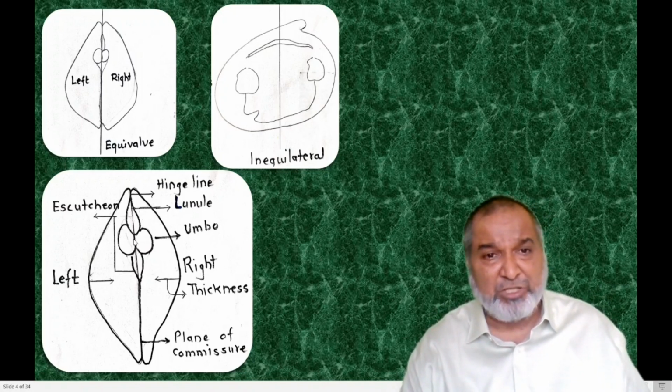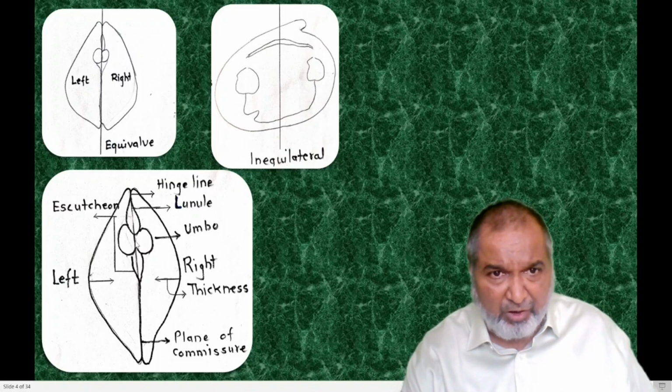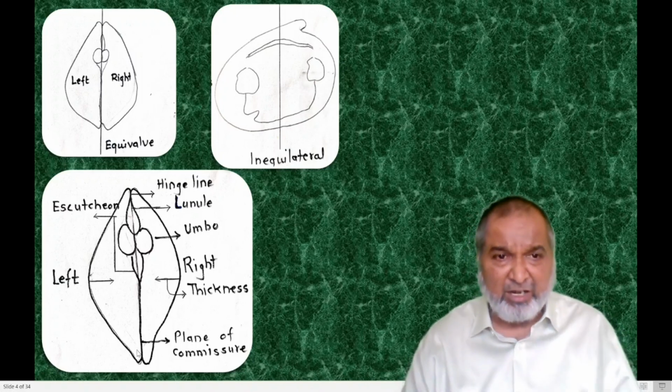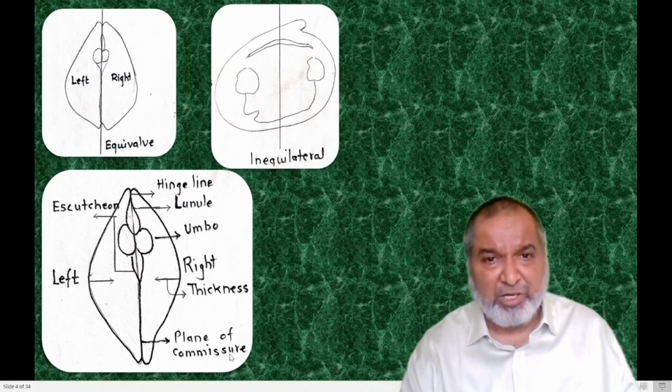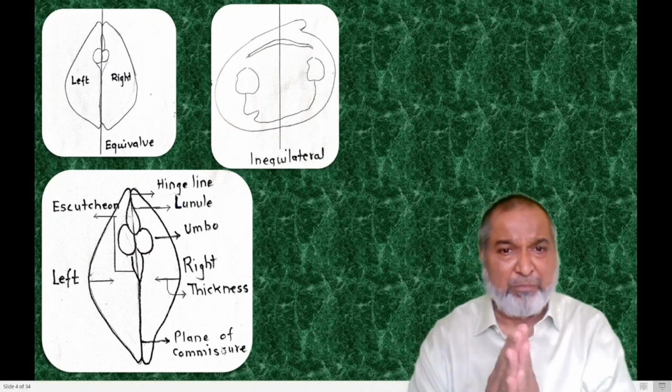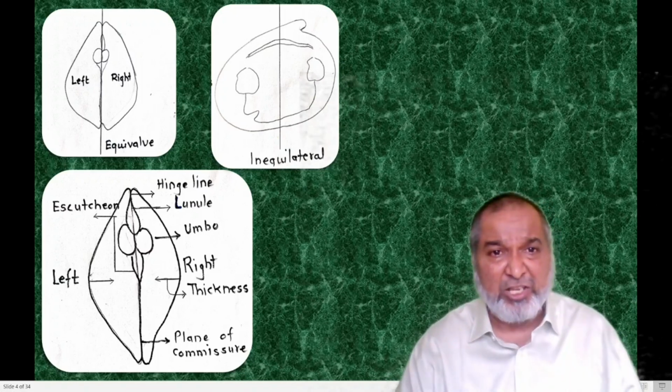Again there is a depression, called the escutcheon, and there is a line of contact between the left and right wall. It is called the plane of commissure, where the two valves are joined together along the hinge line.